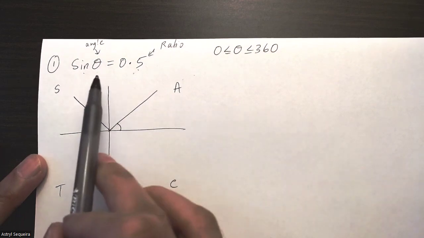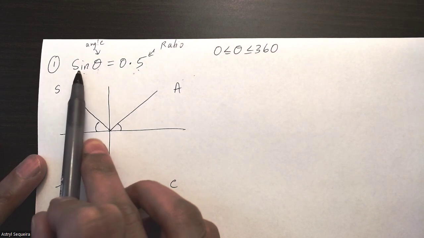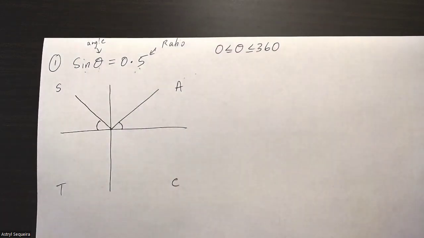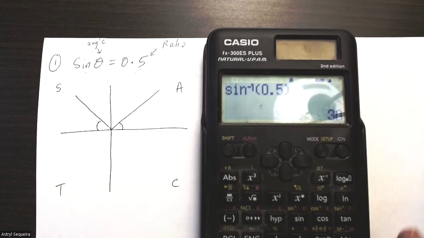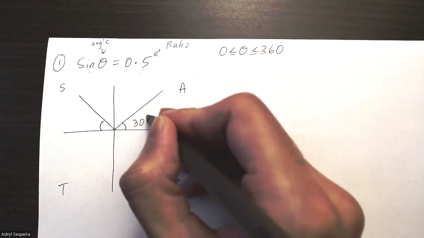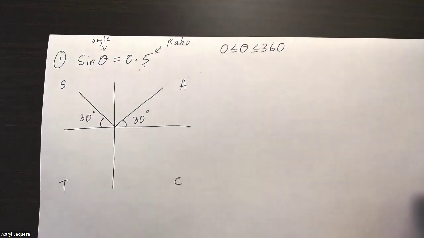In order to find the acute angle, all you have to do is isolate theta. So do the sine inverse of 0.5, and you can do that in your calculator. Sine inverse of 0.5 is just 30 degrees. So my two acute angles are 30 degrees.